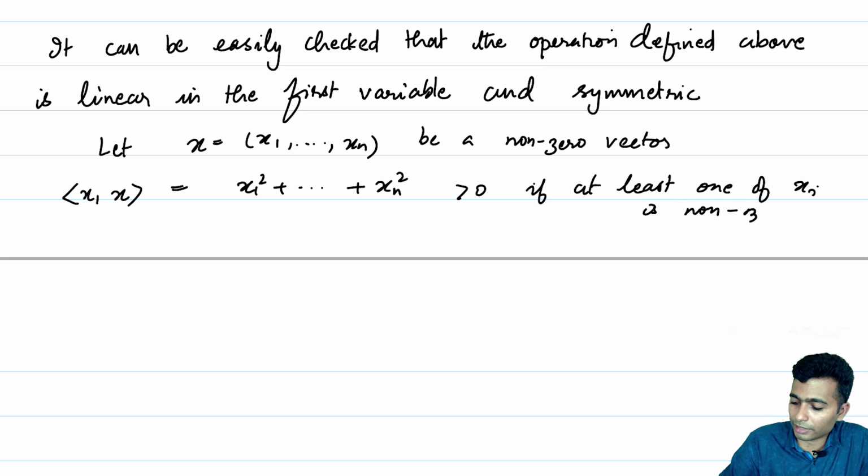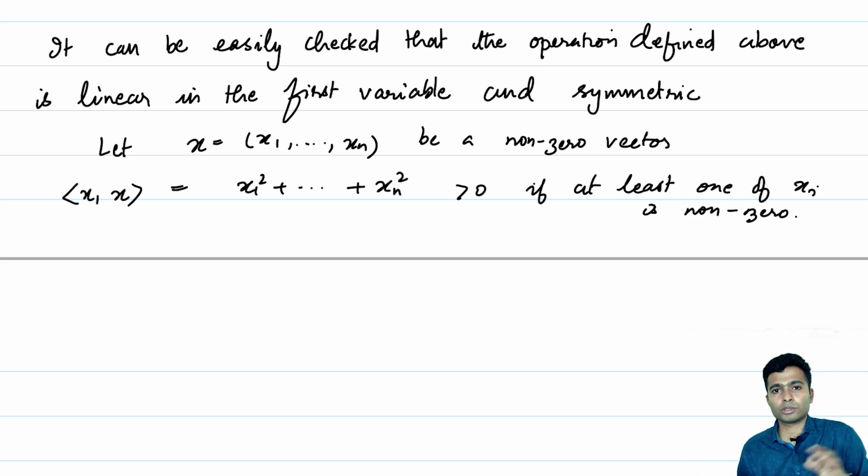So yes, in the case of a non-zero vector in Rn, the inner product of the vector with itself is a positive number. Alright, so this is indeed an inner product on Rn.